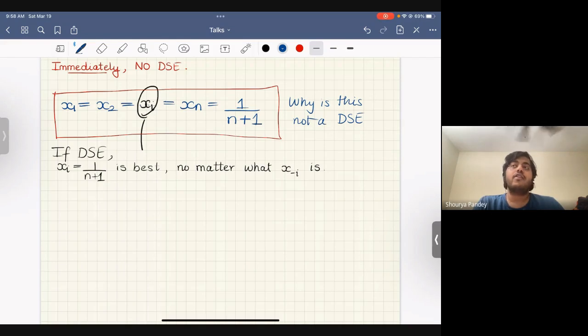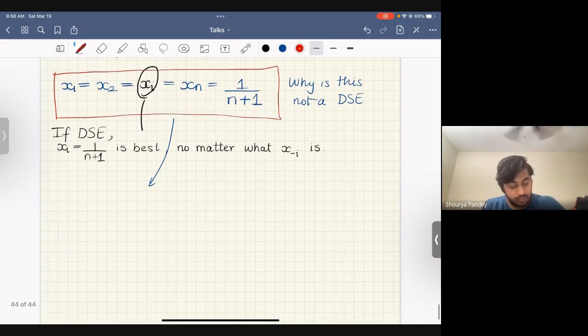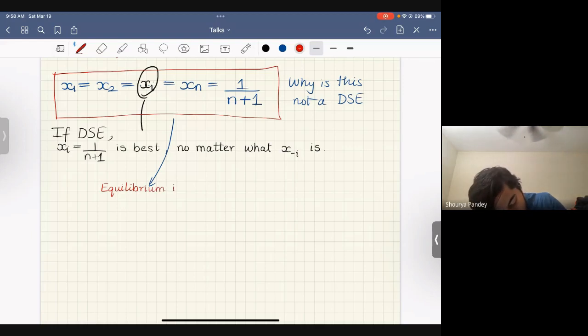But it's not the case that if a lot of these variables change, even then it's best for xi to come back to 1 over n plus 1. And so it's like an equilibrium, but it's not a dominant strategy equilibrium. It is an equilibrium in some sense, in a weaker sense, right?